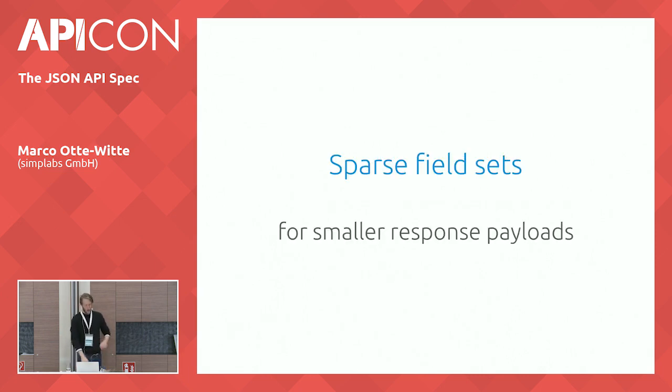Another feature that JSON API has is support for sparse field sets.